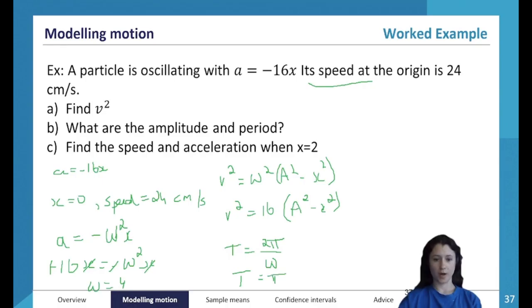Which is half pi. So we know the period, right? This almost answers this question. But how can we find the amplitude? Well, if you have a look at your formulas, you'll see that the only formulas including amplitude in them are those two for displacement. Alright?